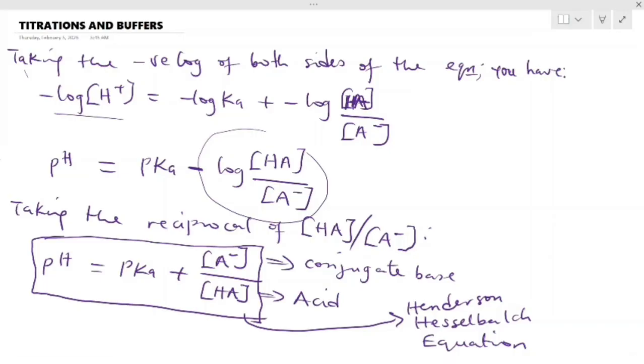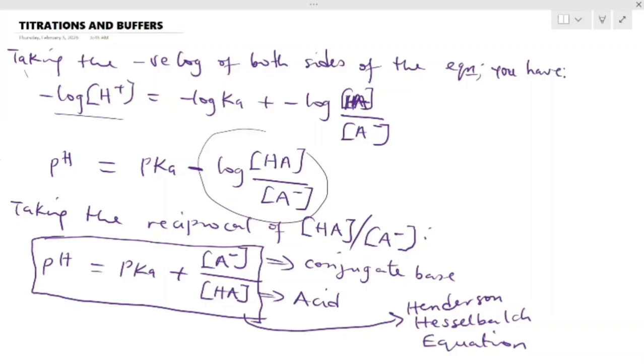So this is a very, very important equation right here. This equation, pH is equal to pKa plus log of concentration A minus, which is the conjugate base, over concentration HA. Very, very important equation regarding acids, bases, and buffers, as we'll see.